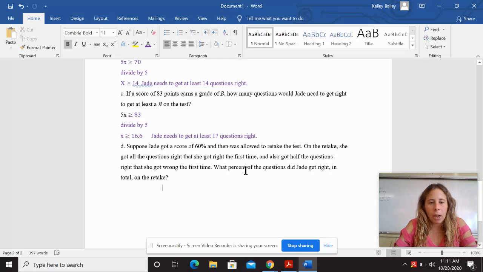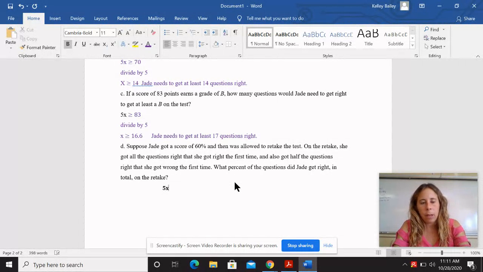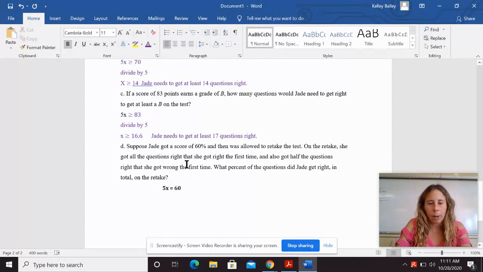All right. On the retake, she got all the questions right that she got right the first time. So first let's figure that out. How many did she get right the first time? 5x equals 60, right? Because she got a 60%, that's 60 out of 100. So she got 60 points the first time.